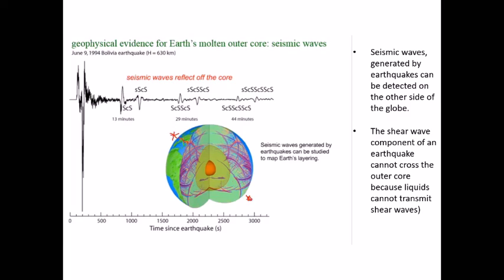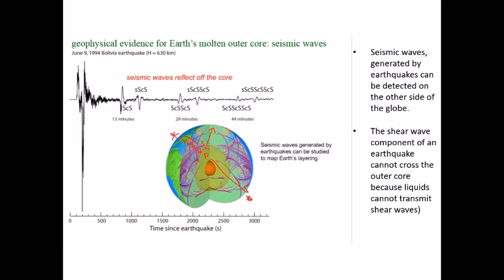The seismic waves go through the earth. What's interesting is that some kinds of waves called P waves go through, but other kinds called S waves do not go through, and they bounce off. They cannot be transmitted through a liquid. So that's how we know.